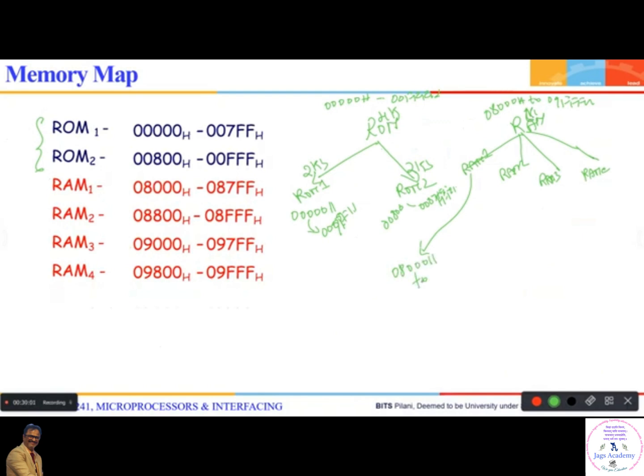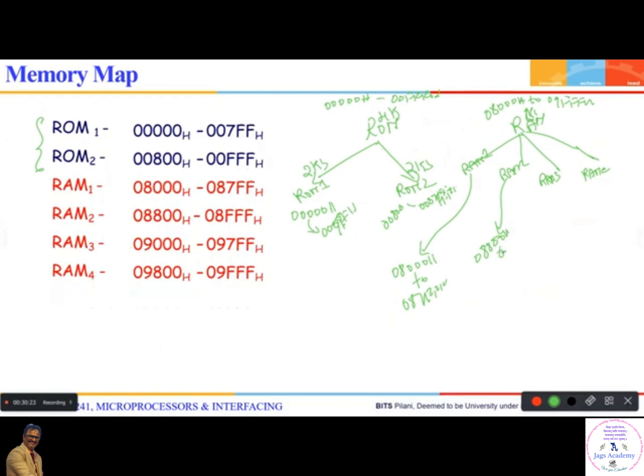Calculate. You add 7FF to this. How much? 087FFH. What is the address range of this? Plus 1. How much? 08800H.